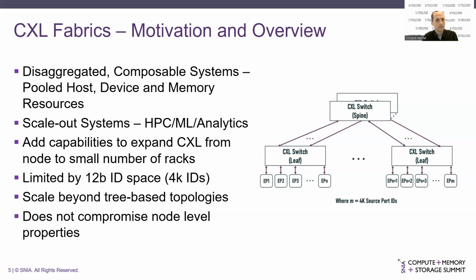And a fundamental guiding design principle through all of this was that fabrics are only required for some use cases. We did not want to compromise node level properties, meaning anything that was done in the specification to facilitate fabrics was to be done such that if you were not a fabric, if you were just a host in a box, a single box with CXL attached memory, there were no performance penalties incurred for that sort of a deployment. So this is all added above and beyond that.